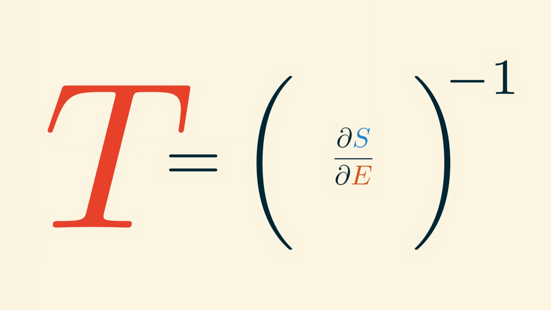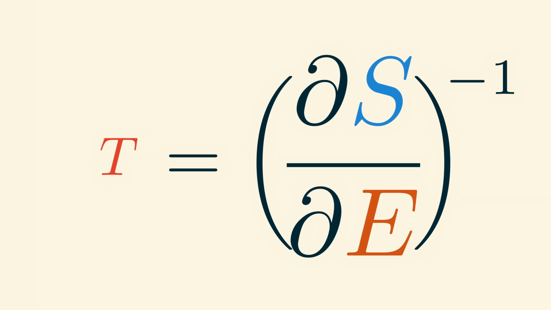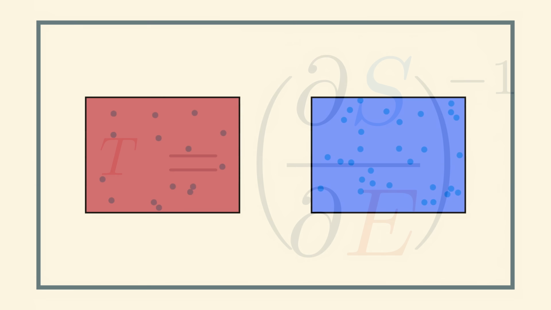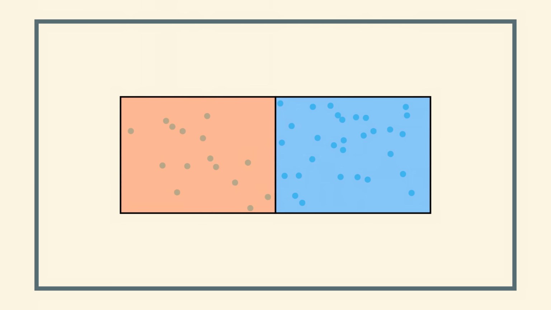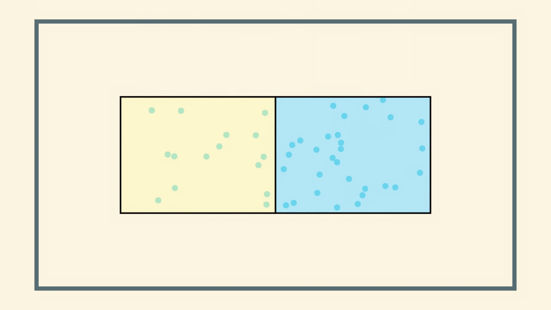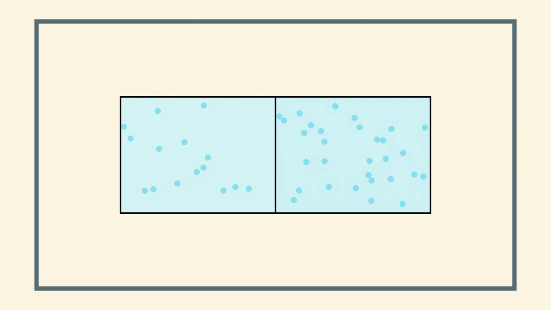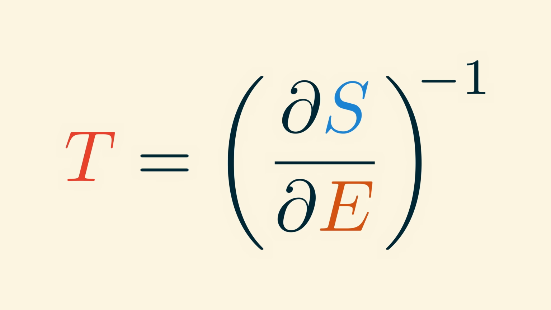On the other hand, at low temperatures, when this derivative is large, adding even a little bit of energy can increase the number of microstates by a lot. So when two systems are in contact, to get more combined microstates, it makes sense for a high temperature system to donate energy to a low temperature system. And this is how we understand temperature intuitively.